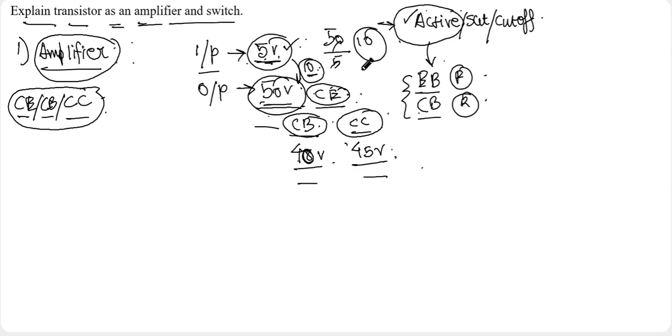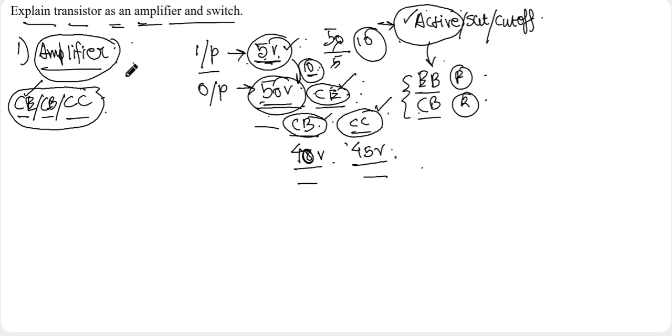Here I have made the assumption that in CE mode, the gain of the amplifier is highest. In the CC mode, the gain of the amplifier is moderate. And in the CB mode, the gain of the amplifier is lowest. So for our convenience, we will choose the CE mode of configuration because in the CE mode, the transistor will give us a faithful gain at the output.